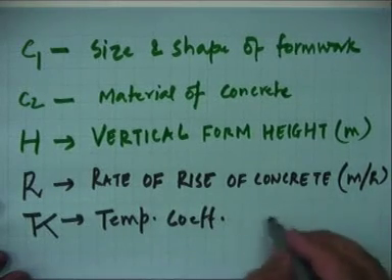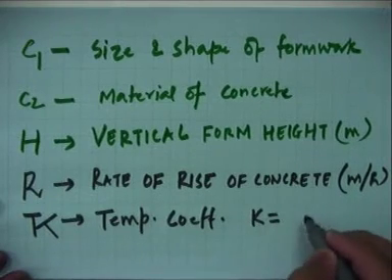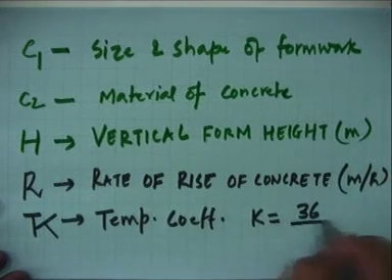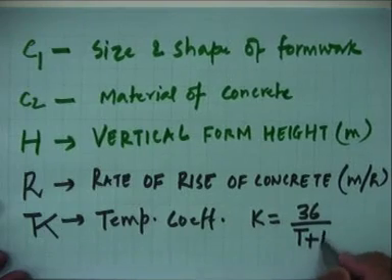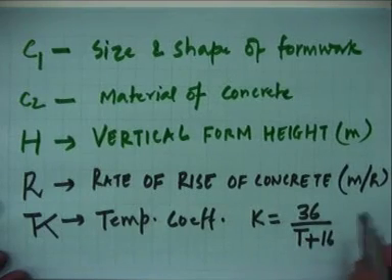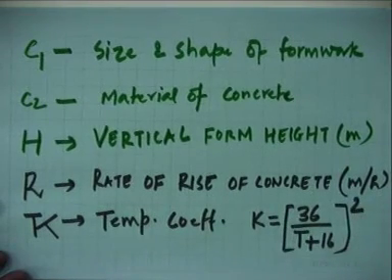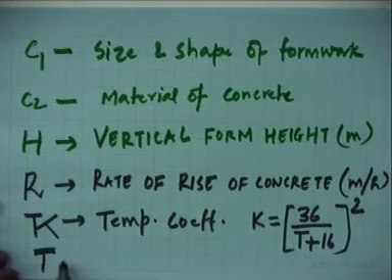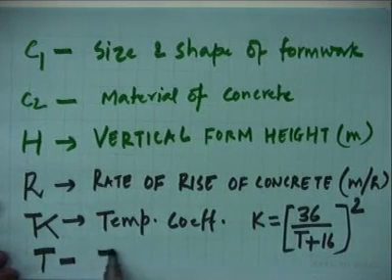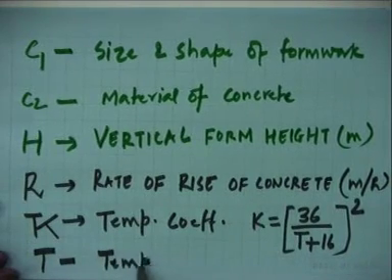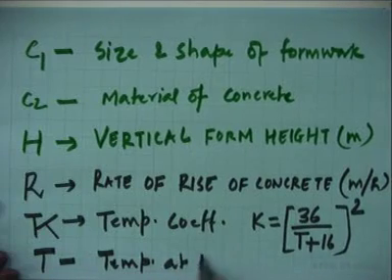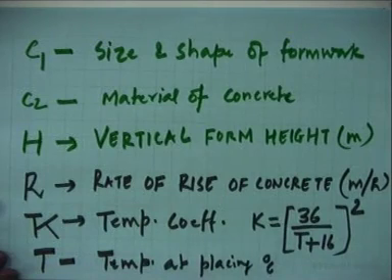This is given by an expression: K is equal to 36 divided by T plus 16 whole square. Now, T here is the temperature at placing, the concrete temperature at placing, and its unit is degree Celsius.